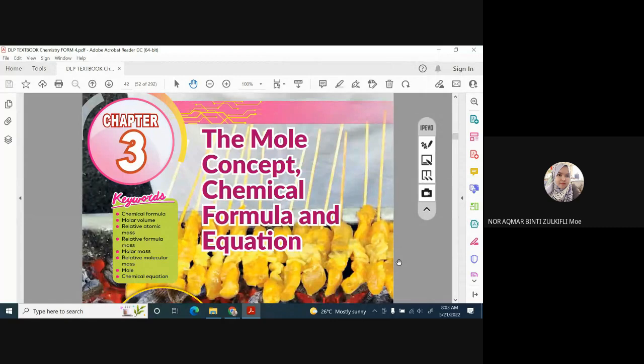In chapter 1 you learn the basic things in the laboratory: the apparatus, materials, how to handle them, and the steps of a lab experiment. In chapter 2 you learn about atom, molecule, ions. For chapter 3 we go into details: how to calculate atom, molecule, and ion.